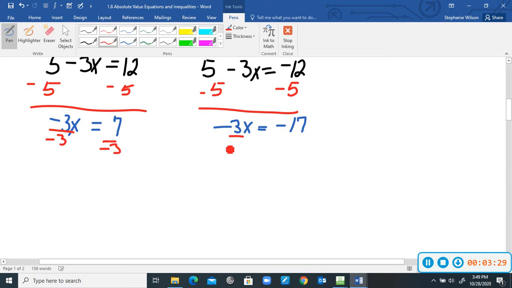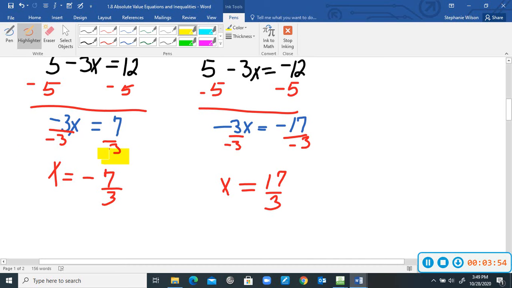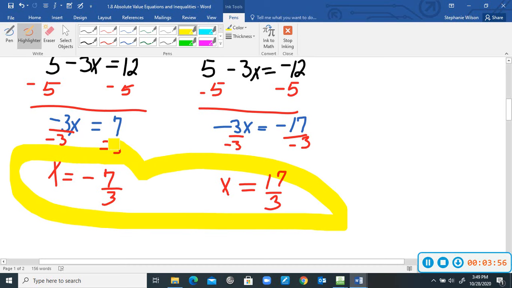And let's do the same to this other equation. My first equation gives me x is equal to negative 7/3. The second equation, negative divided by negative is positive, gives me a positive 17/3. And those are my answers for this absolute value equation.